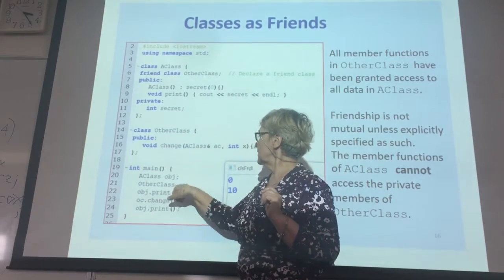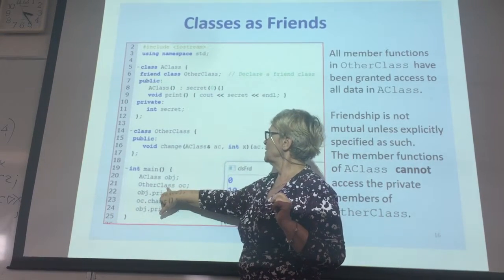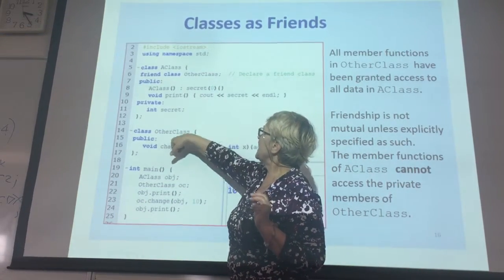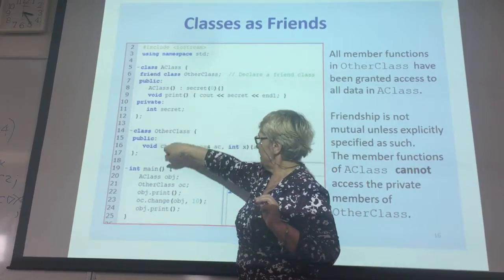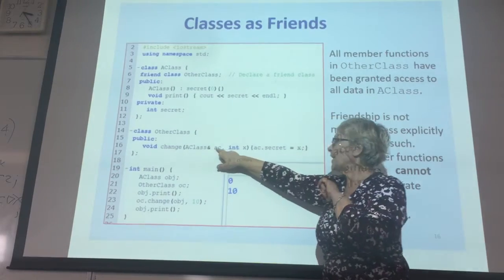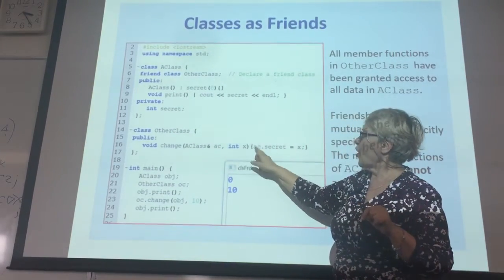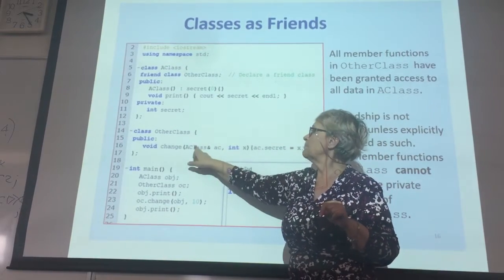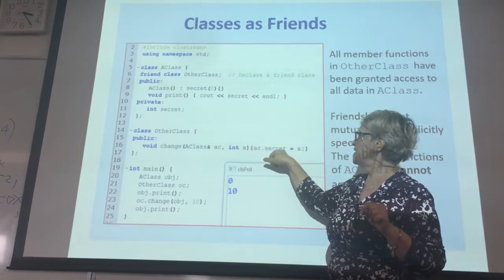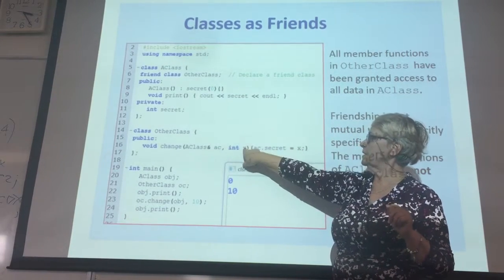Now we go and see OC, which is of the other class, which was declared friend, and we see that inside this change, we access the data member of this type of object. AC's secret is changed to X, to the second argument.